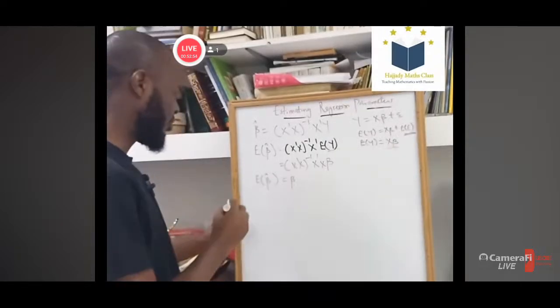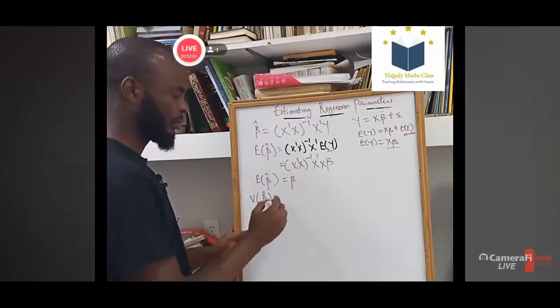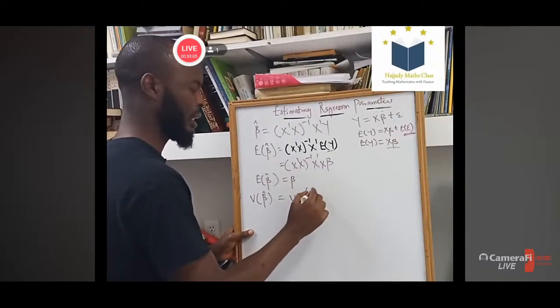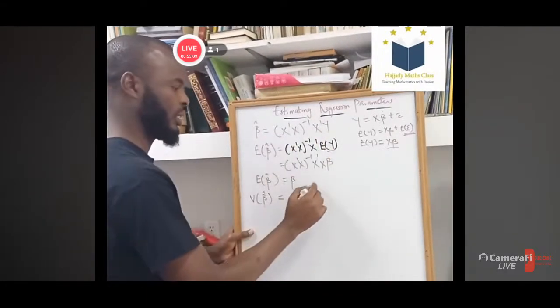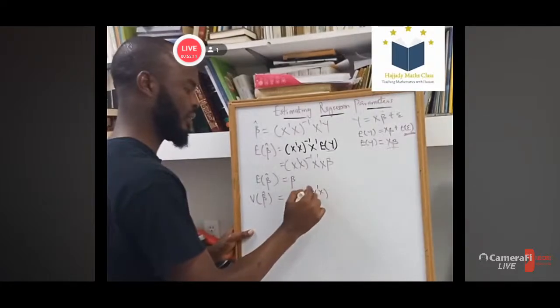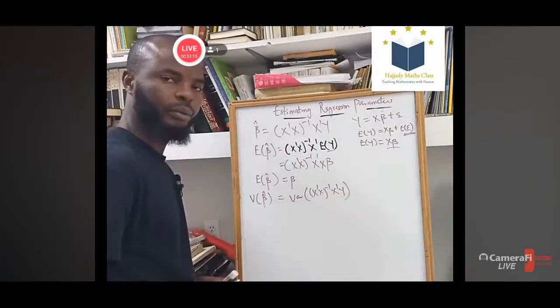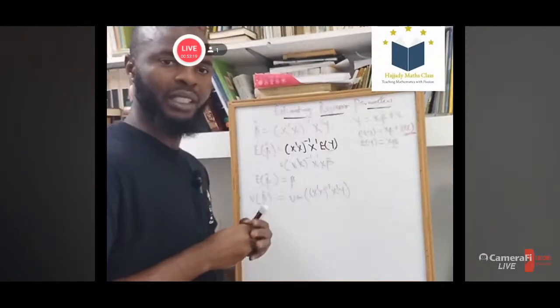Secondly, we need to estimate the variance of beta cap. We have the variance of beta cap, which is the same thing as this. We're going to plug in the value of x prime x inverse x prime y. Here, I'm going to take you through a quick review of something.